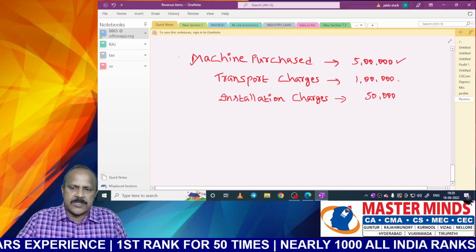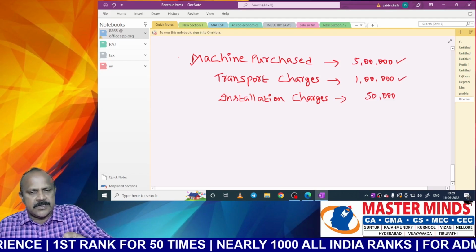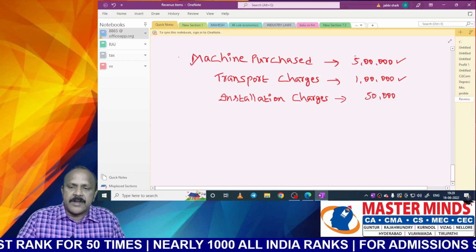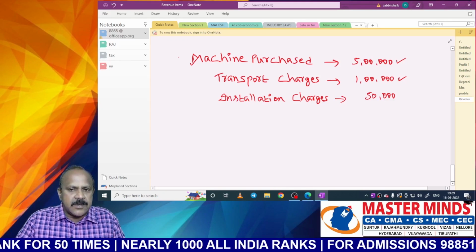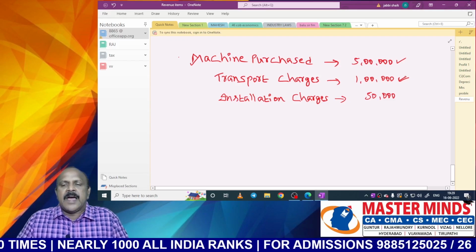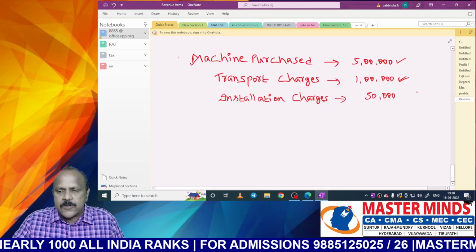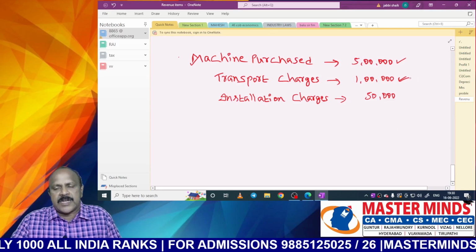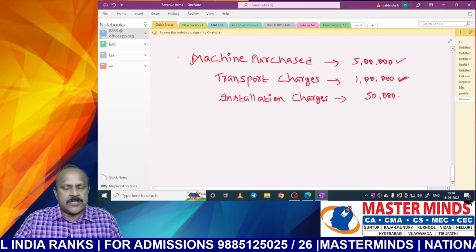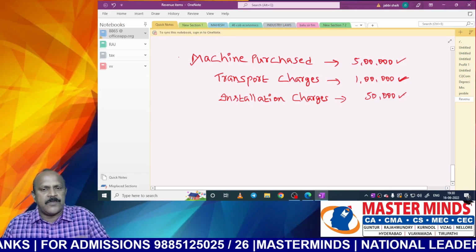And transport charges paid on the machine to bring the machine to our place should be added to the cost of the machine here. So, transport charges paid, 1 lakh, as they are to be added to the cost of the machine, are also classified as a capital expenditure. Installation charges, as we know, are also added to the cost of the machine.